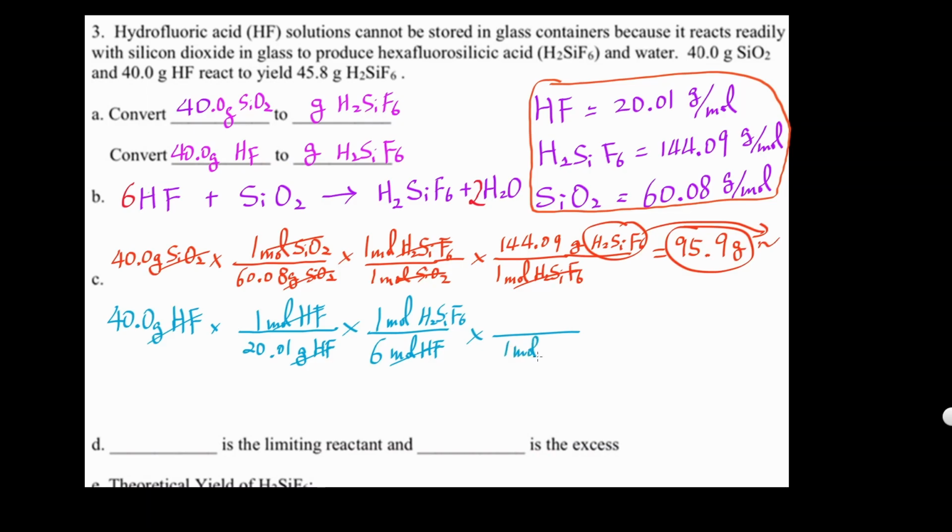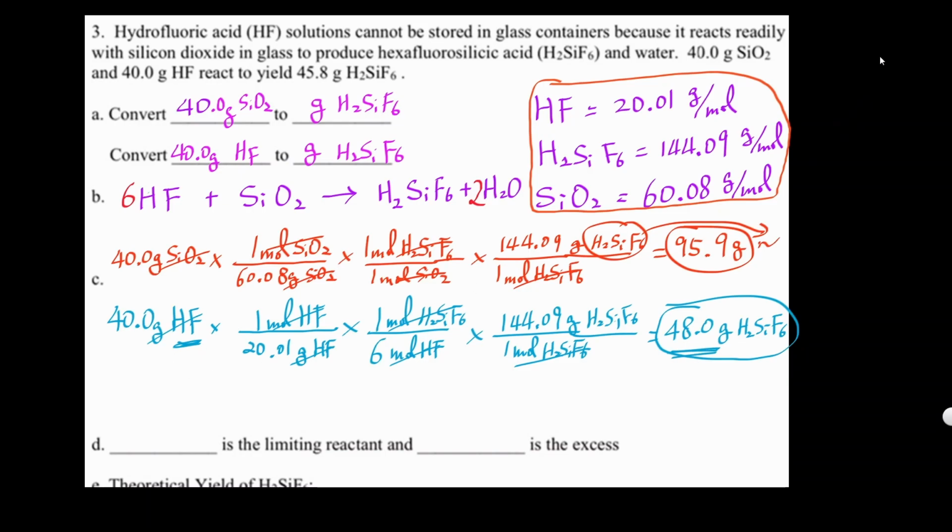Cancel, and from here, same thing: 1 mole of H2SiF6 is 144.09 grams. Then calculator out: 40.0 divided by 20.01 divided by 6, times 144.09, gives me 48.0 grams of H2SiF6.